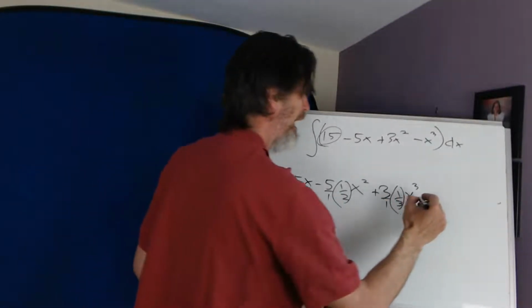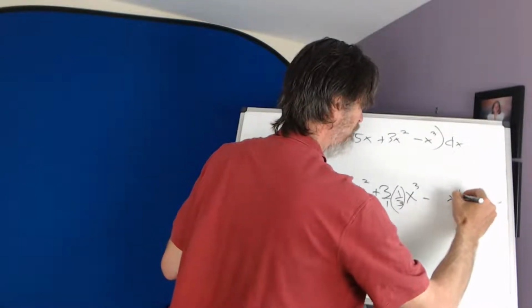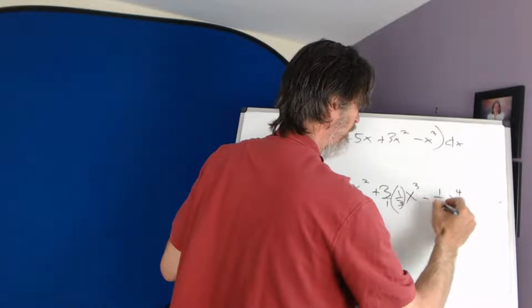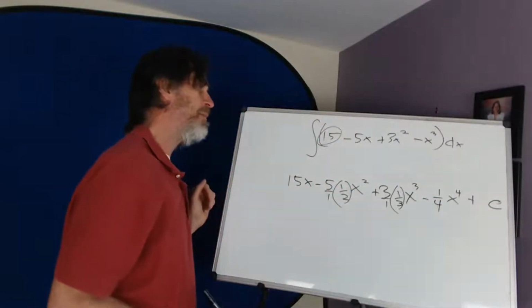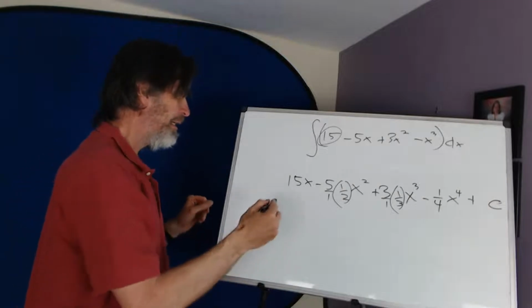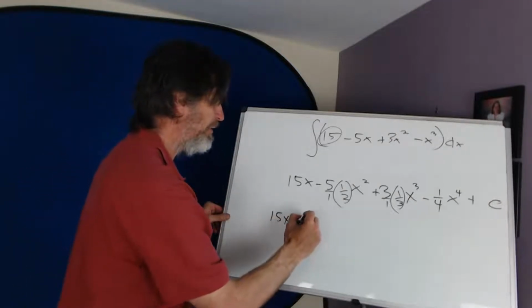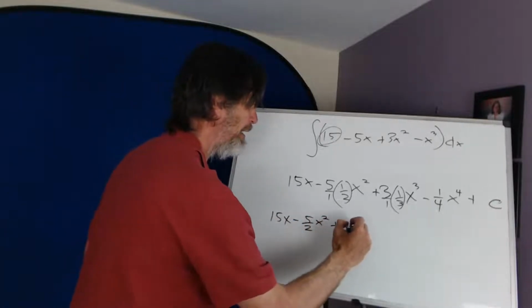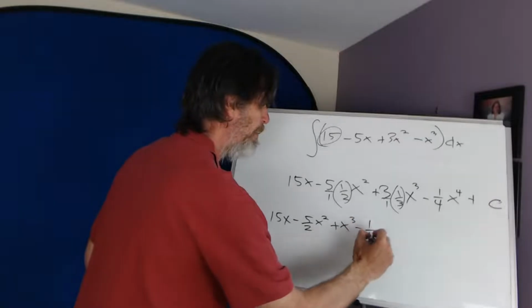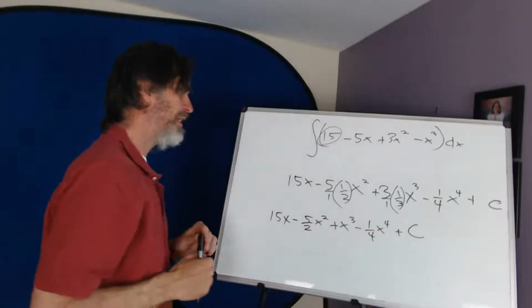And then finally, the last part of the antiderivative, keep the x, raise the power by 1, multiply by the reciprocal of the new power, and to finish the problem, tack on the plus c. Now let's make this look as pretty as we can. 15x minus 5 halves x squared plus x cubed minus 1/4 x to the 4th plus c.